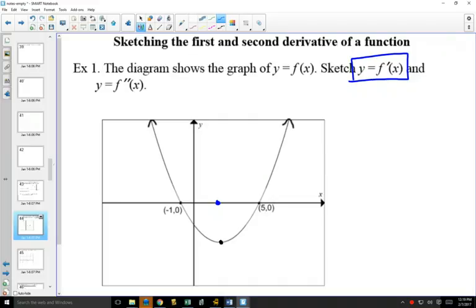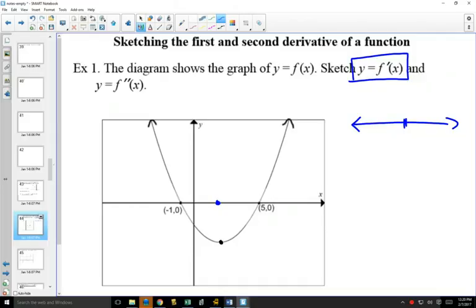Now, when we were sketching our graphs, what did we do? Well, we had our original function, we took our derivative, and we found out where it was equal to 0. That's this point here. We made a sign diagram, and we put that point on our sign diagram to say that's where it was equal to 0. Then we plugged values into our derivative to find out where our original function was increasing and decreasing.